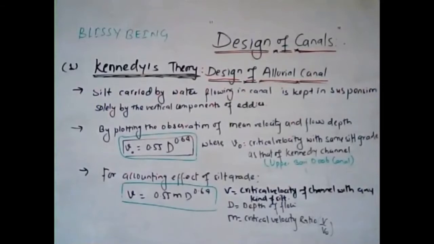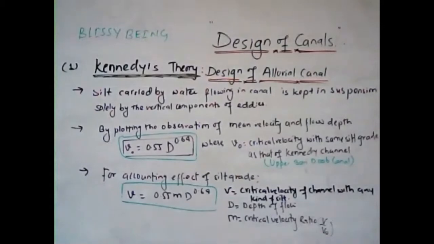Kennedy theory states that the silt carried by water flowing in a channel is kept in suspension solely by the vertical components of eddies, which are generated over the full width of the channel and rise up gently to the surface. So by plotting the observation of the mean velocity and depth of flow, Kennedy obtained a relation between the critical velocity and depth of flow.